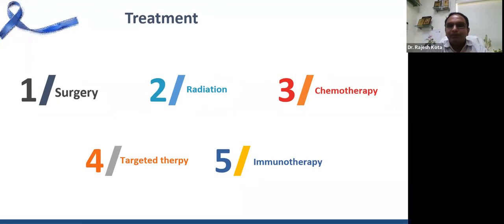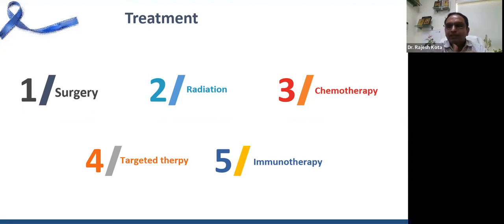Targeted therapy is where we go to the DNA of the cancer cell and try to identify what part of the DNA is damaged or what part of the genetic material is mutated, and we try to target that particular damaged part of the DNA across all the cancer cells. That is called targeted therapy.